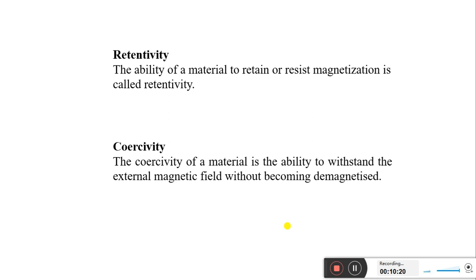The ability of a material to retain magnetization is called the retentivity. And what is coercivity? The coercivity of a material is the ability to withstand the external magnetic field without becoming demagnetized. So these are the various properties of magnetic material. This is overall about today's lecture.